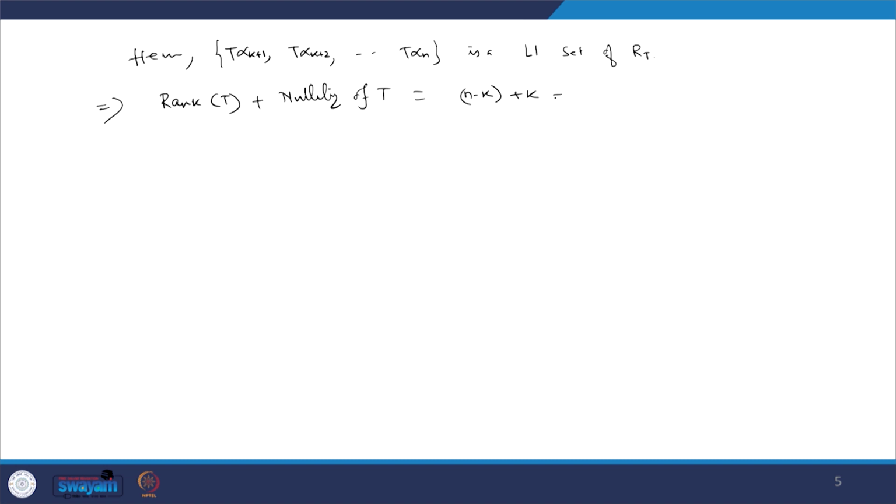So, this is equal to n, which is equal to the dimension of V. So, we have seen that rank of linear transformation T plus nullity of T equal to dimension of V. See, if the dimension of V is not finite, can I conclude like that? In that case we cannot do it. If the dimension of V is not finite, then we cannot conclude this type of conclusion.